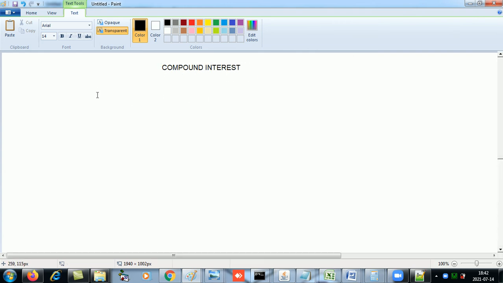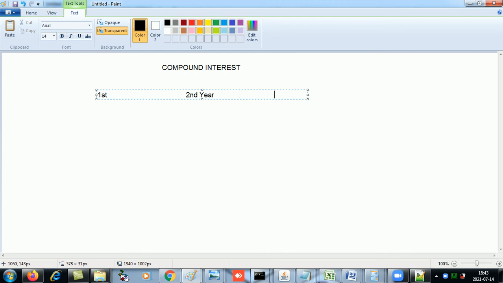What happens in compound interest is, if the money is kept for 3 years, first year, second year and third year, what was the principal sum we had kept in simple interest? The principal was 1000, the number of years was 3, and the rate of interest was 8.